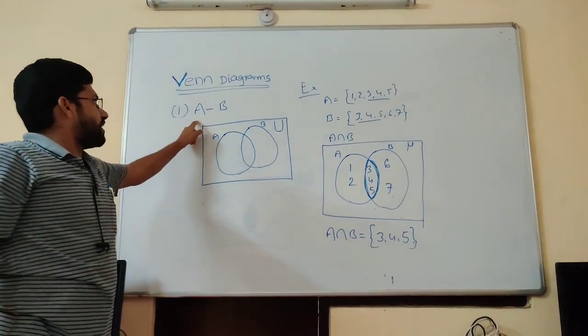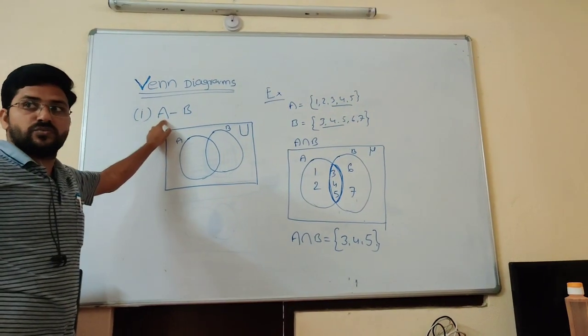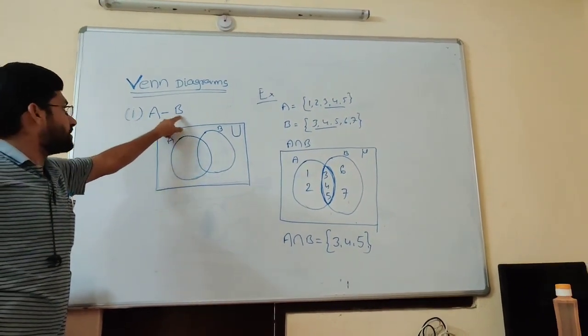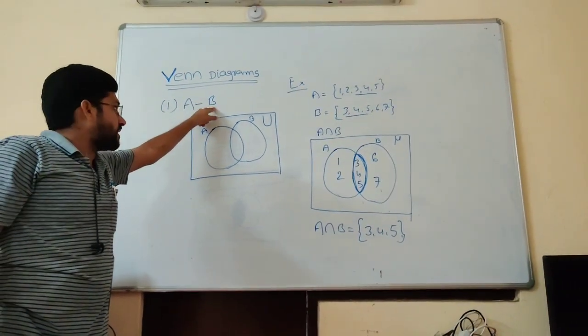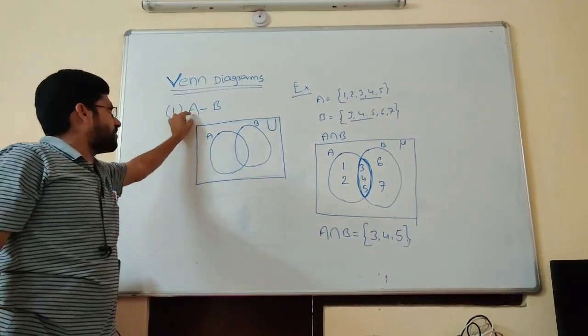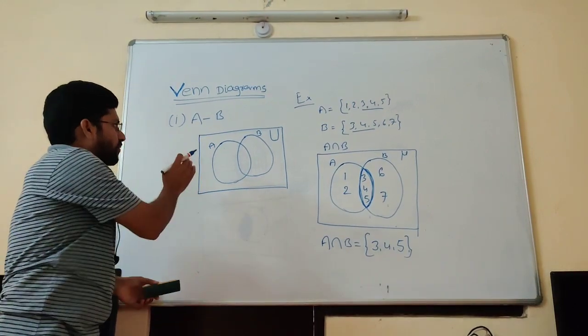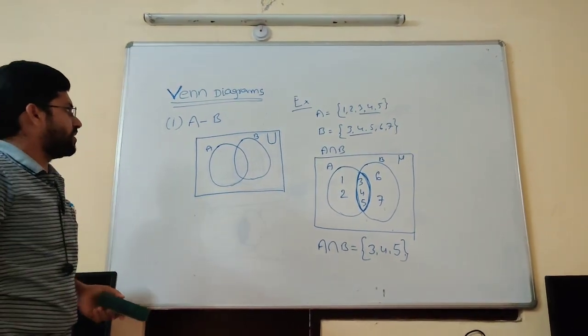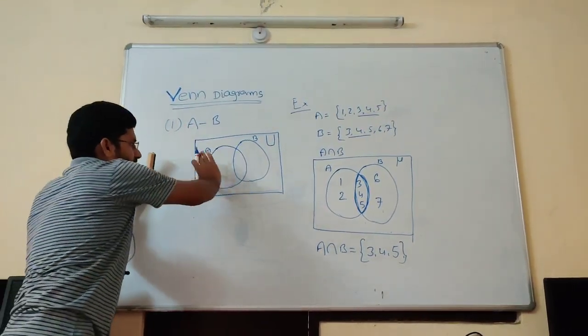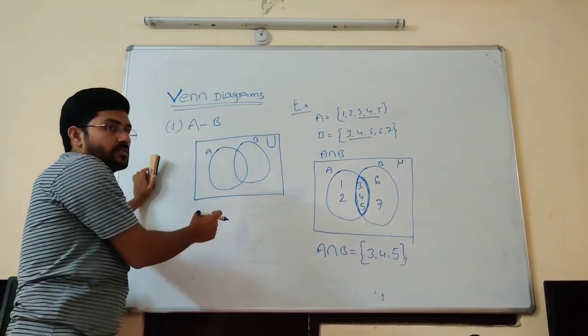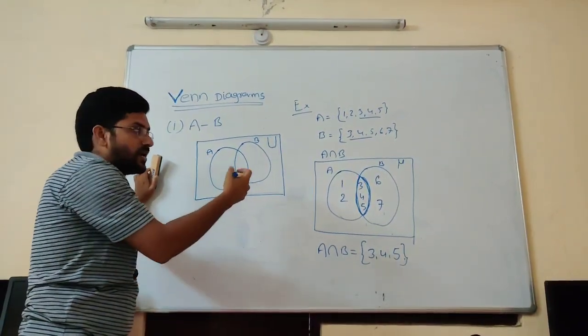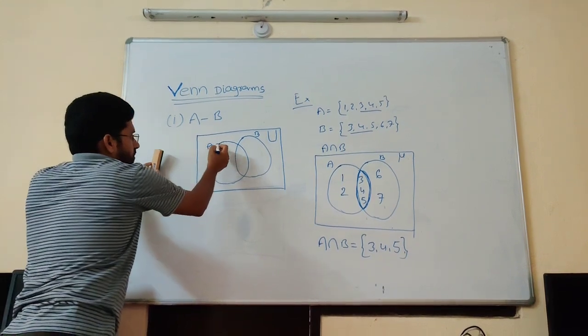Now we know very well, A minus B means the difference of two sets we are taking here. The elements in set B which are also represented in A, we have to avoid those elements. So for this, how to draw the Venn diagram: we are taking set A, but the repeated elements in B, we are avoiding those elements.